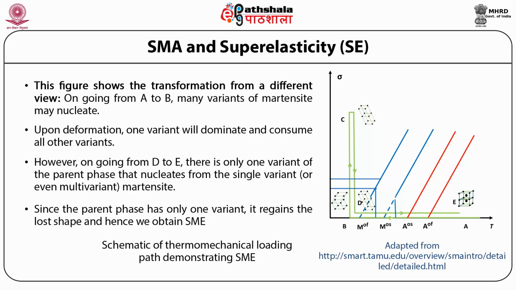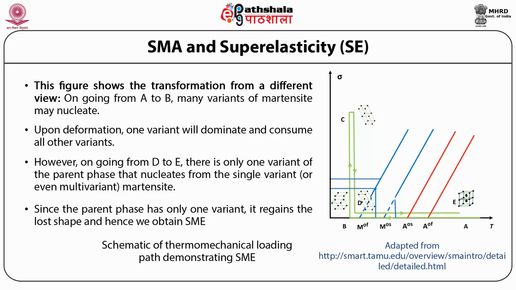Since the parent phase has higher symmetry, it has only one variant, and hence all the changes in the shape given during B to C is regained as the structure and microstructure come back to the starting point. This transformation path shows the changes and also details the mechanism following the shape memory effect.